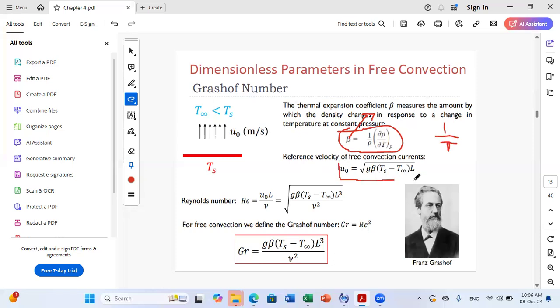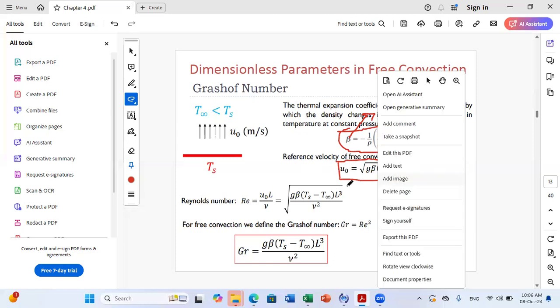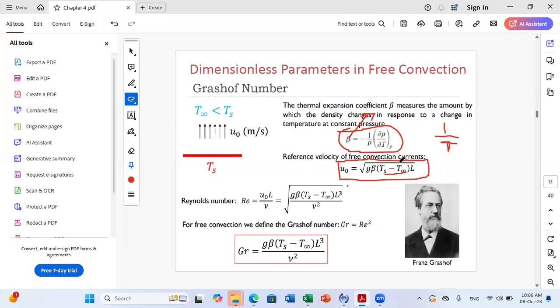You don't have to know how we get this. Just know that we can relate a characteristic velocity in natural convection to the temperature difference, delta T, and to the thermal coefficient. So higher delta T, higher this velocity, so better is the free convection. Higher beta also, the better, of course.